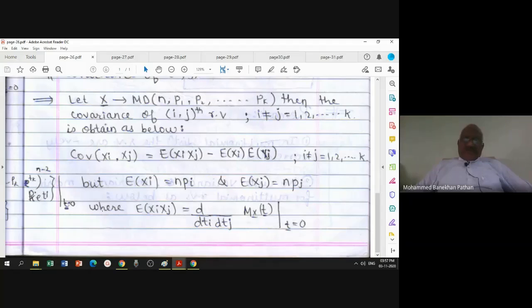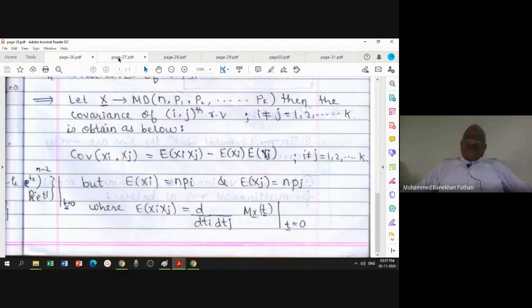Expected value of xi into xj is equal to the differentiation of the MGF with ti and with tj. After the end of the differentiation, replace the t vector by 0. Then you will get the answer for expected value of xi into xj.